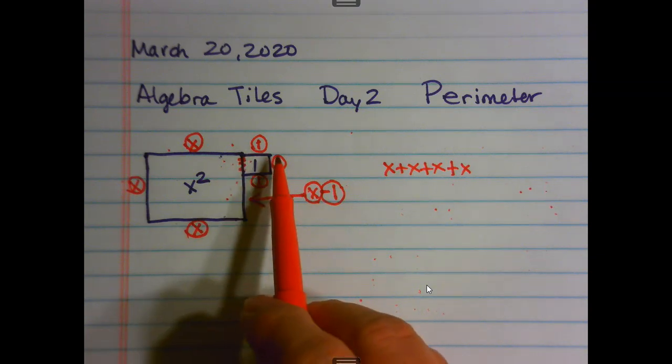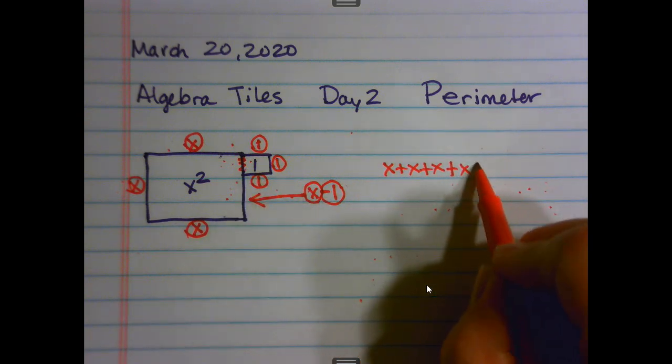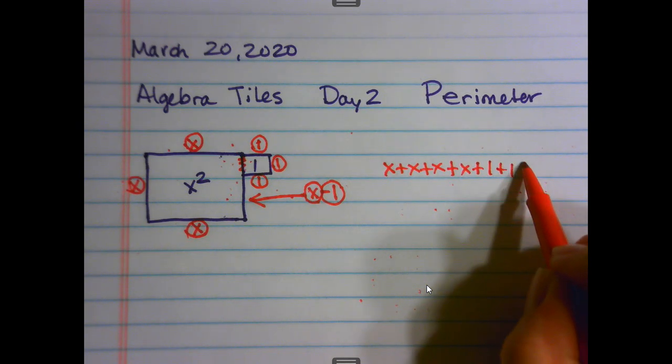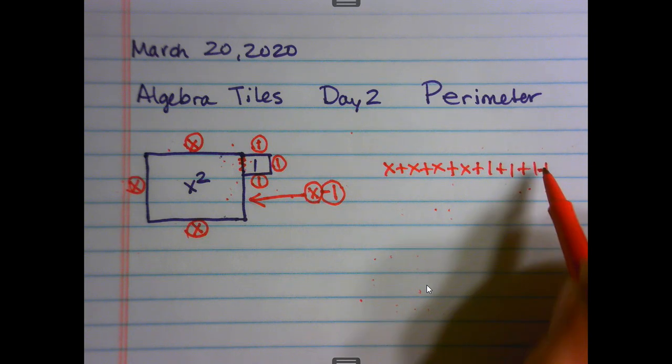So I have 1, 2, 3, subtract 1, and I'm going to record that up in my original expression. 1 plus 1 plus 1, subtract 1.